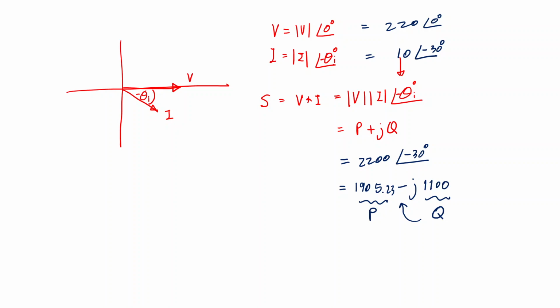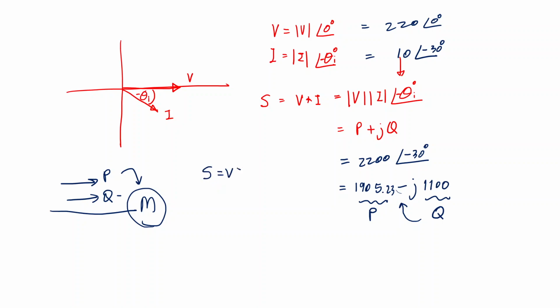Then what does it mean? You can calculate with this system, but you need to remember that the negative value of reactive power is consumed by the equipment. So it's more convenient to use the conjugate form.